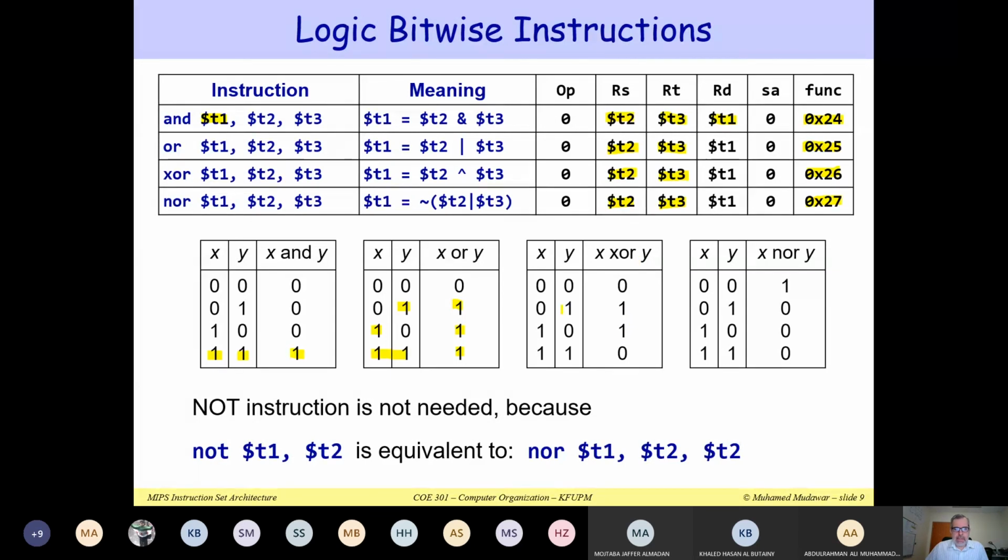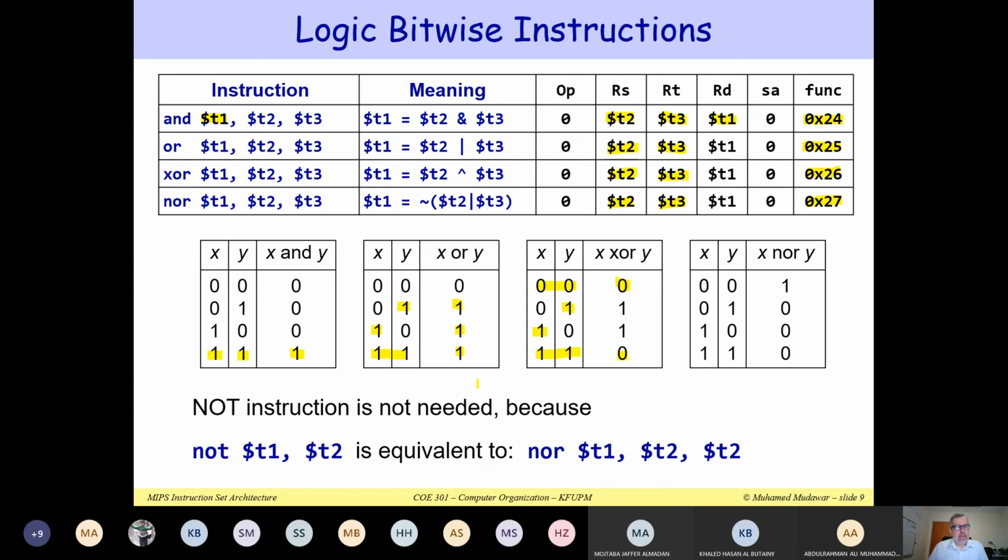You get 1 if exactly one of the input bits is a 1 and the other is a 0. If both are 1, XOR gives you 0, and if both are 0, it also gives you 0. NOR is just not OR, the complement of the OR column. But this is just for a single bit, and each register has 32 bits, so we operate on these 32 bits in parallel.